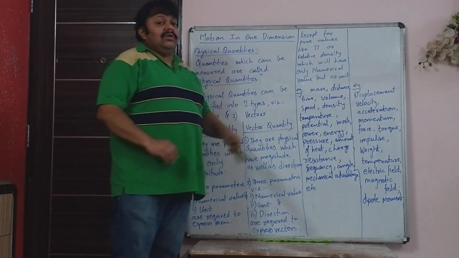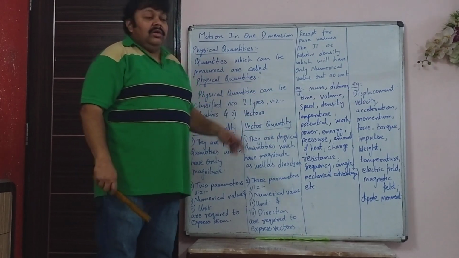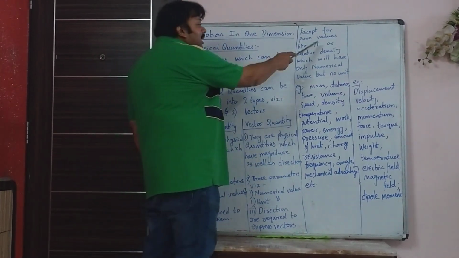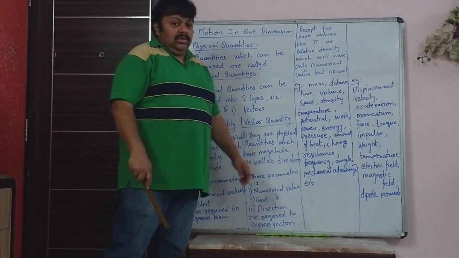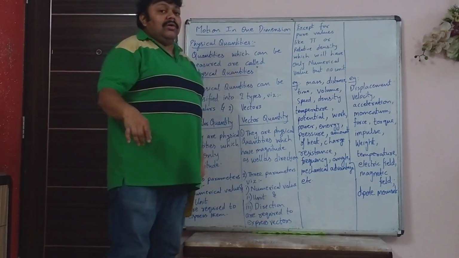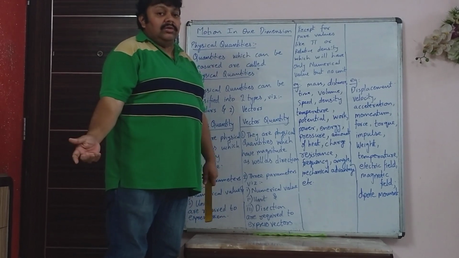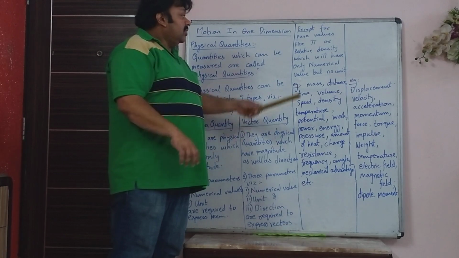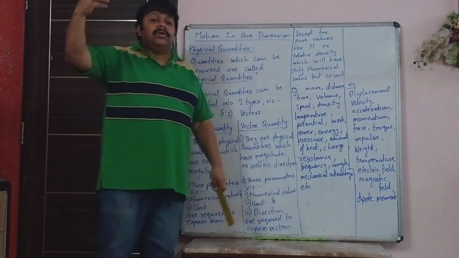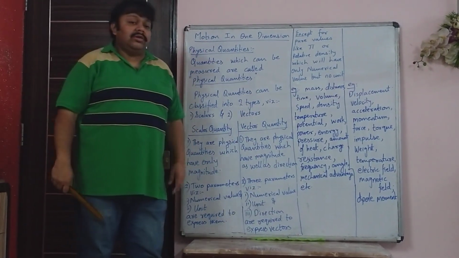Now there is an exception in case of scalar quantities, like pi. Pi is just a number. So pi is also a scalar quantity, but it does not have any unit. It is 22 upon 7, it's a pure ratio. Similarly, relative density, you will come across this when you do the chapter on density.